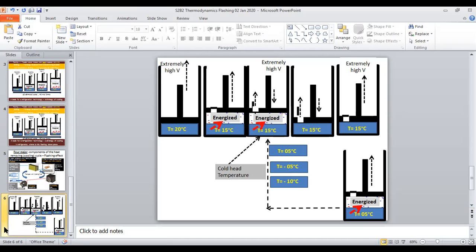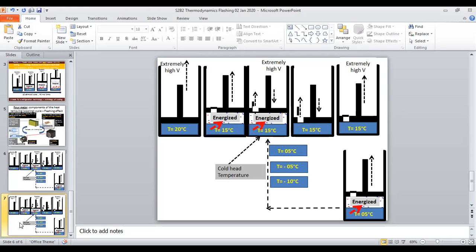So the next is the same thing. Even your household gas cylinder, if liquid comes out from the regulator, it will be very cold.